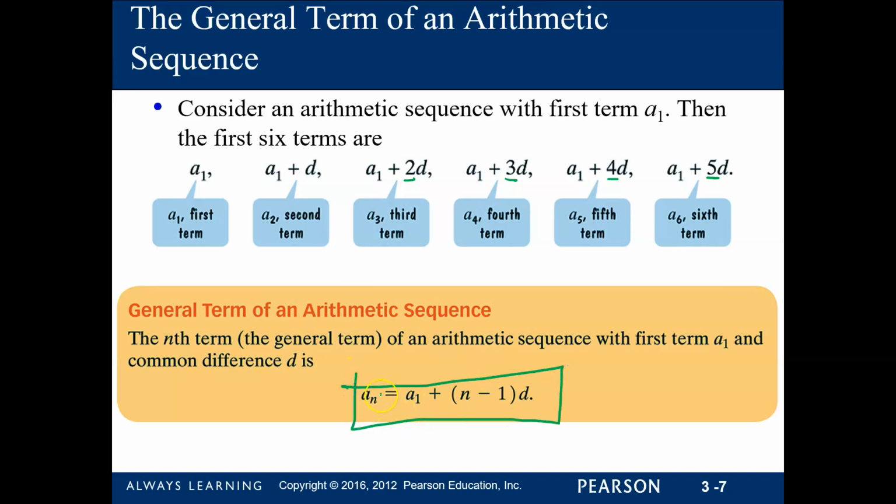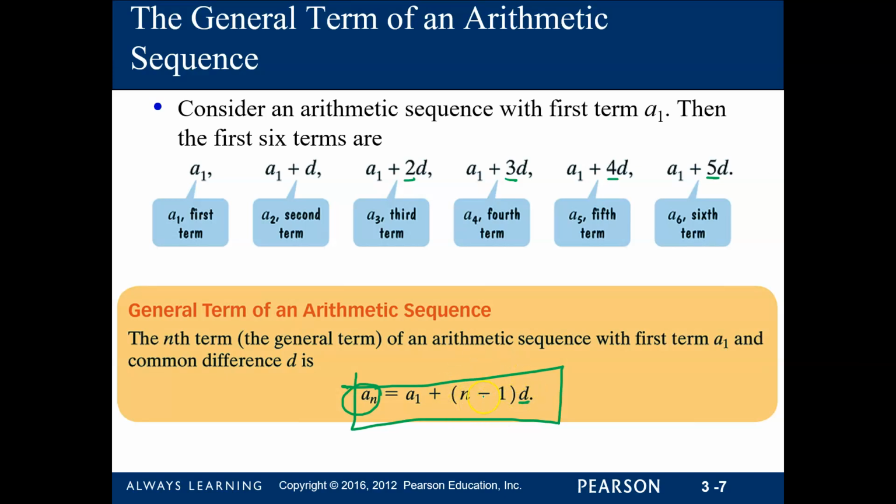Whether you're looking for the 100th term, you don't need to list down all 100 numbers of the sequence, right? So in general, when you are looking for any term, all you need to do is take the first term and add it to the product of the common difference and n minus 1.